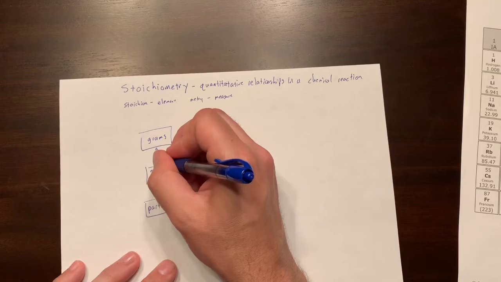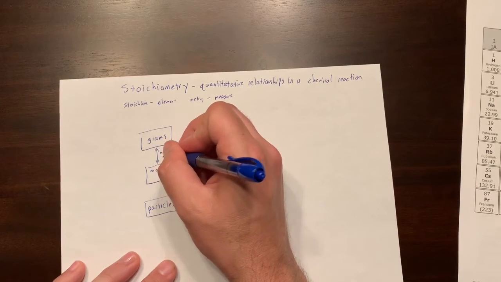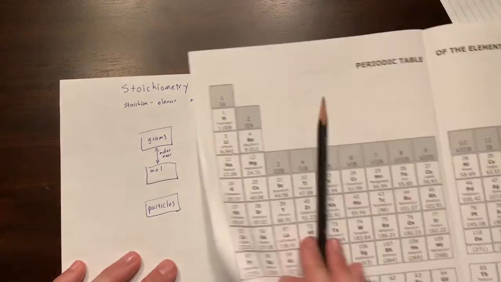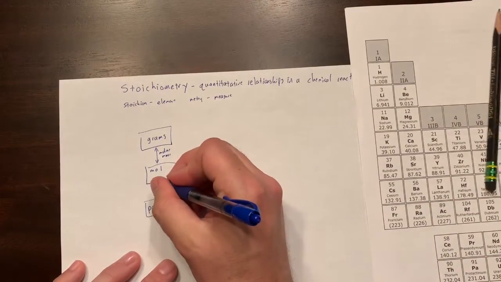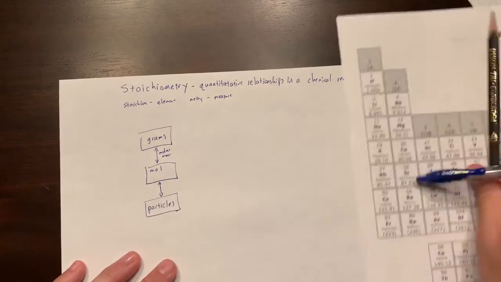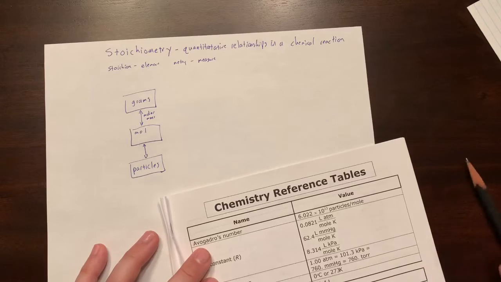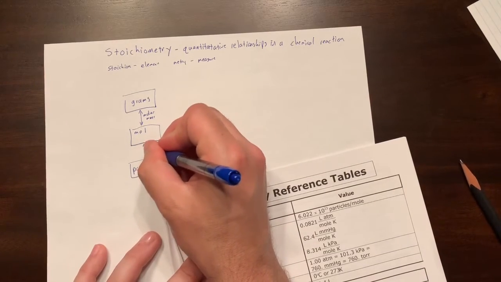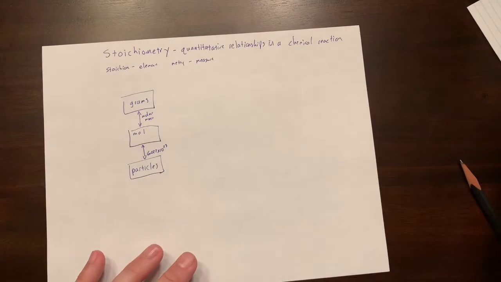And the relationship between moles and grams is the molar mass. That's the numbers off the periodic table. And the relationship between moles and particles is right on the front page of our reference tables. 6.022 times 10 to the 23rd particles is a mole.